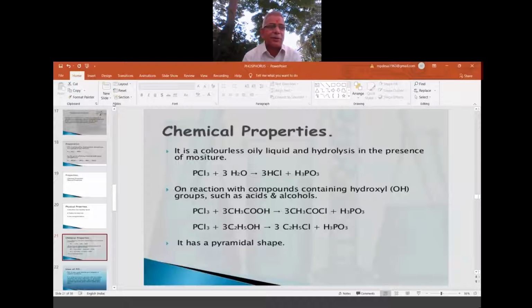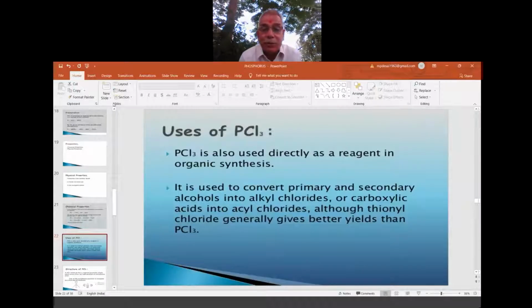So PCl3 and PCl5 both are known as chlorinating agents in organic chemistry. And the shape is pyramidal. Already we know in the beginning. So it is used, as I said just now, as a chlorinating agent in organic chemistry. There is only one important use.